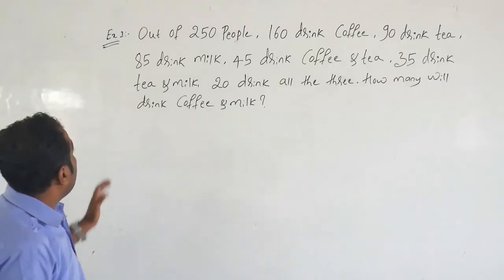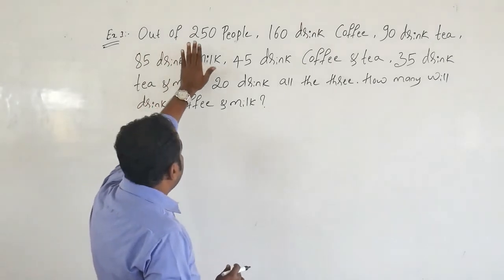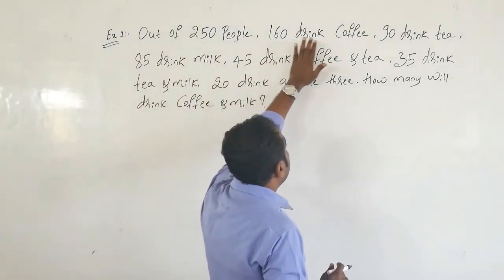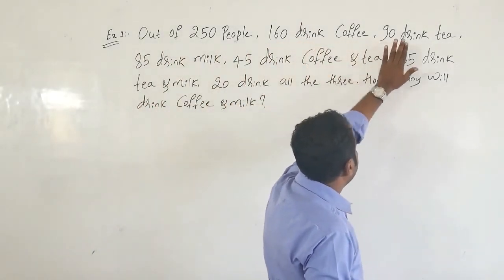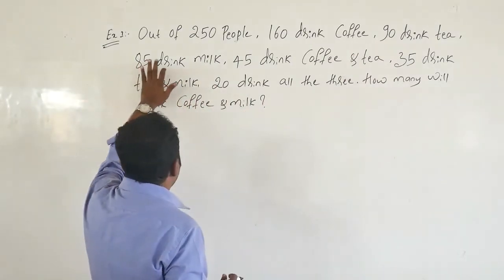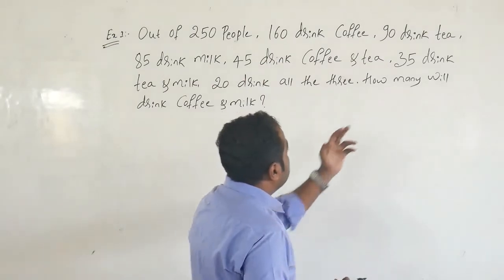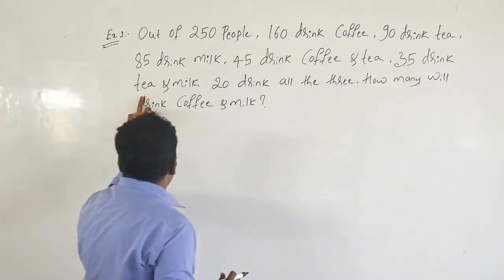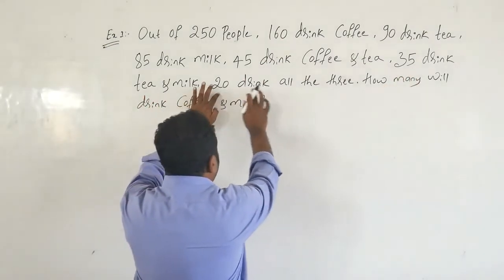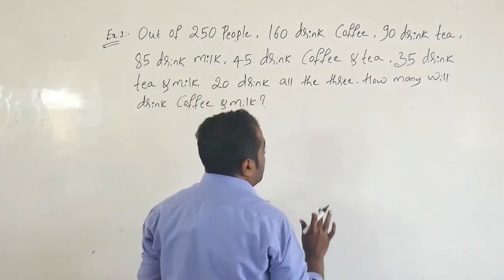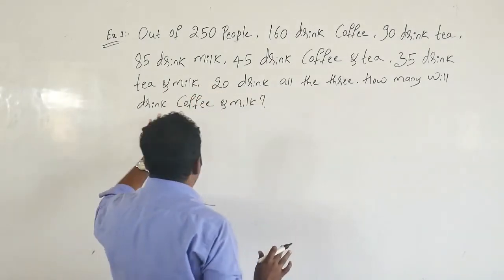Consider an example. Out of 250 people, 160 drink coffee, 90 drink tea, 85 drink milk, 45 drink coffee and tea, 35 drink tea and milk, 20 drink all three. The question is, how many will drink coffee and milk?